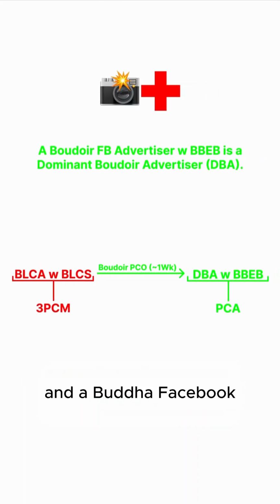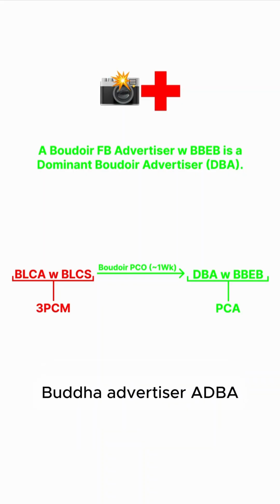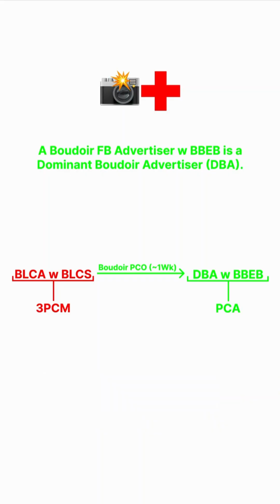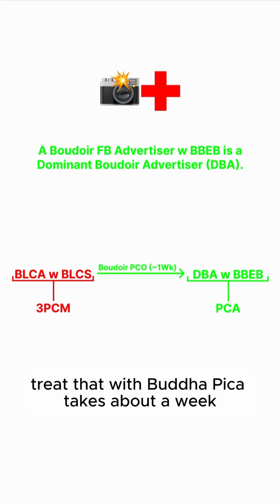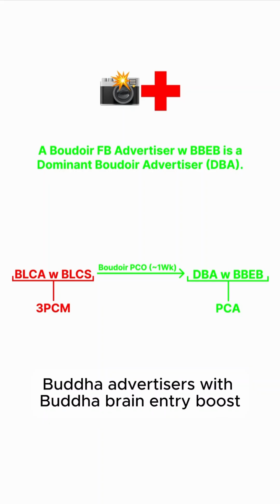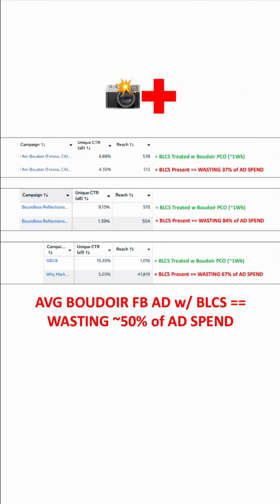And a Boudoir Facebook advertiser with Boudoir brain entry boost is a dominant Boudoir advertiser, ADBA. So we got a BLCA with BLCS caused by the 3 pre-click mistakes. Treat that with Boudoir Pico. It takes about a week. We achieve pre-click alignment. We become dominant Boudoir advertisers with Boudoir brain entry boost. Simple.